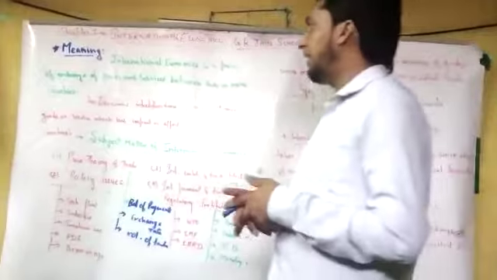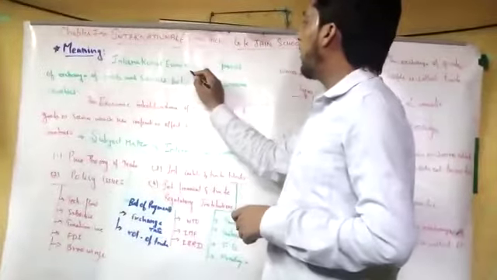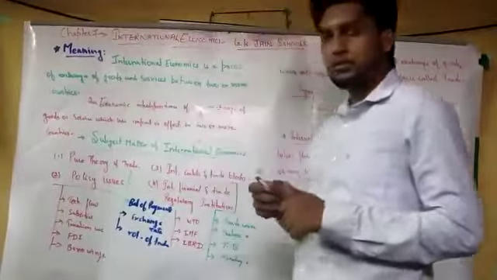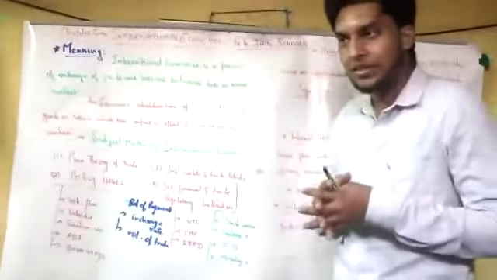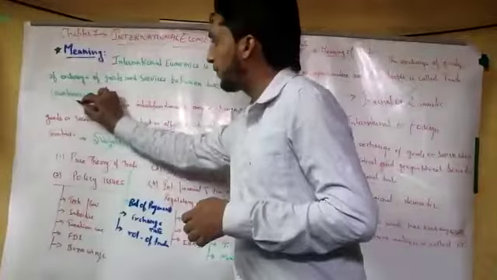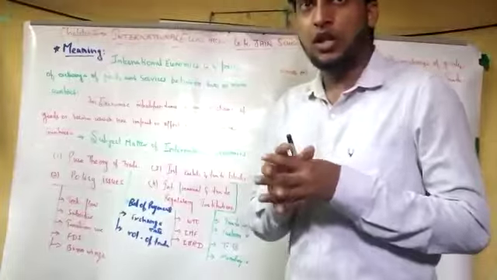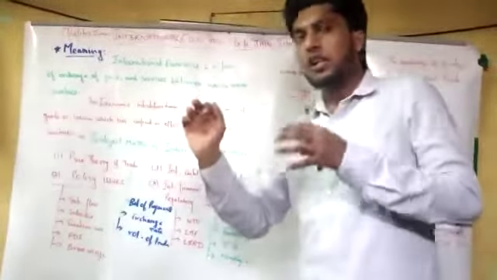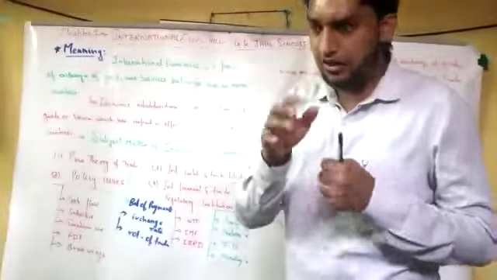Before going to that, let's see the meaning of international economics. International economics is a process of exchange of goods and services. We are exchanging goods, we are exchanging services, between two or more countries. So in simple words, when there is an exchange of any kind of goods or any kind of services from one country to another country, that process is what is known as international economics.